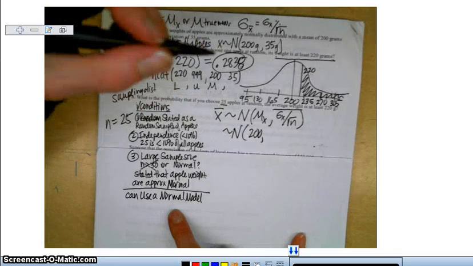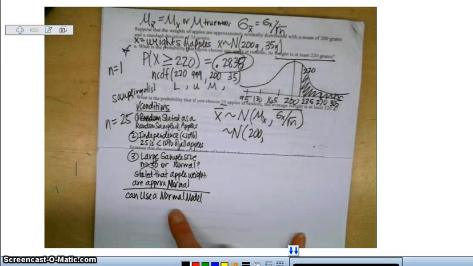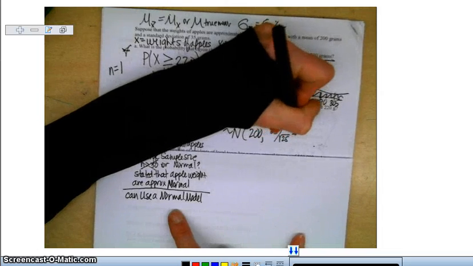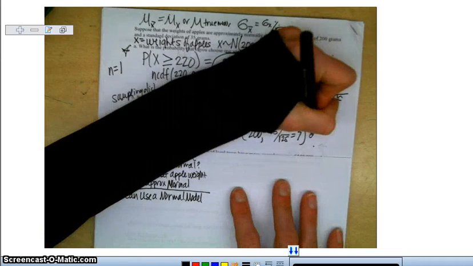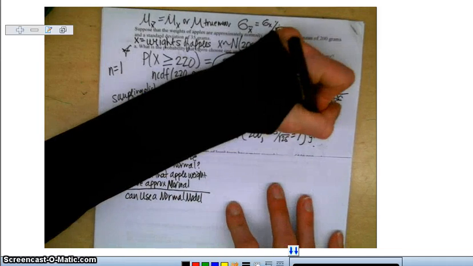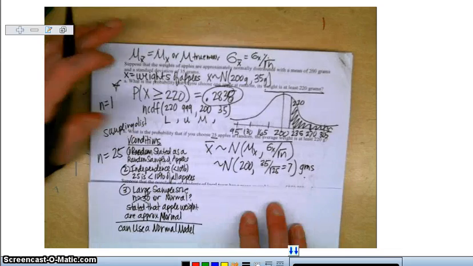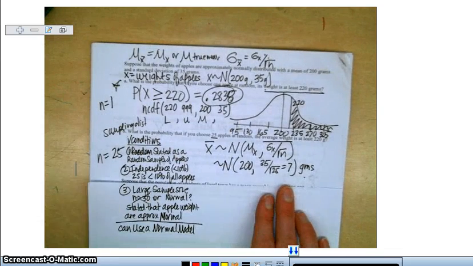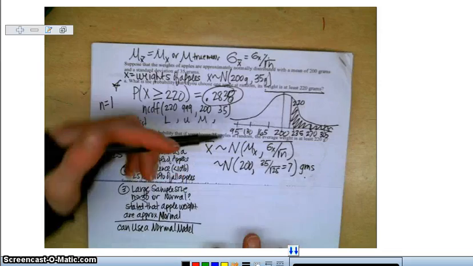So what was 35 divided by the square root of 25, which gave us 7. Okay, good. What happened to the standard deviation when we asked more people? It got smaller, which puts everything closer to the mean now.